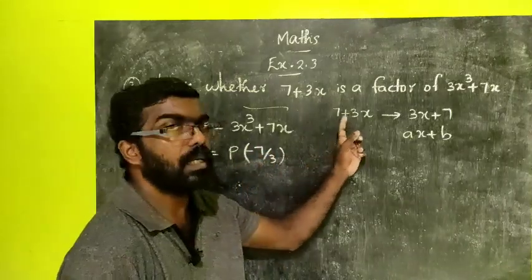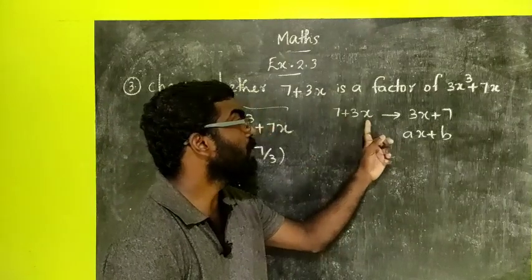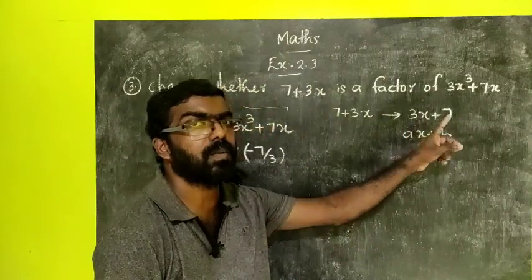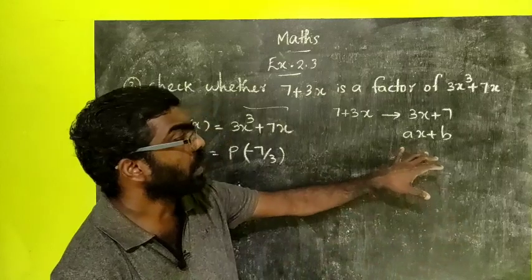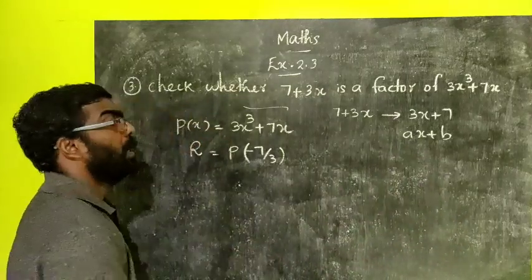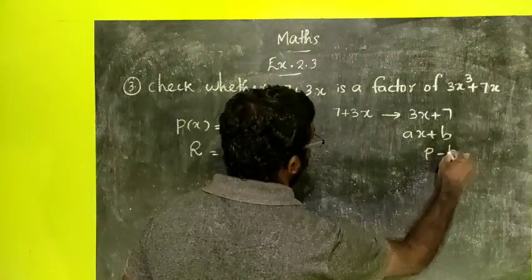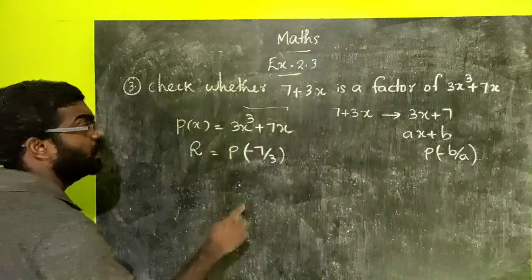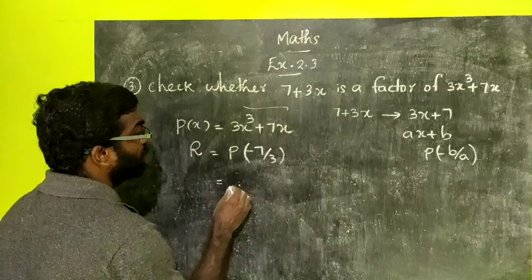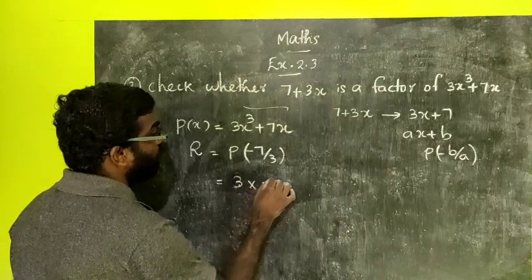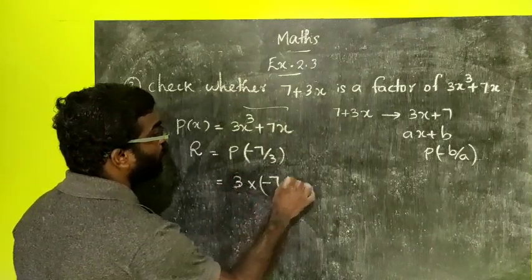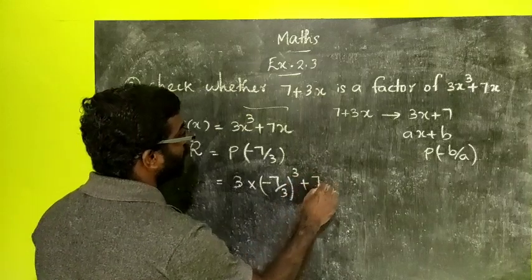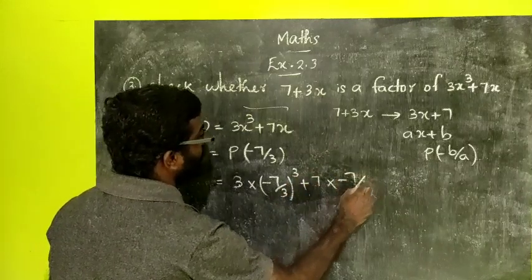First we change the term 7 plus 3x into standard form, which is 3x plus 7, that is ax plus b, and the remainder will be p of minus b by a. Here it is p of minus 7 by 3. Now we can replace x by minus 7 by 3. So 3 into minus 7 by 3 the whole cube, then plus 7 into minus 7 by 3.